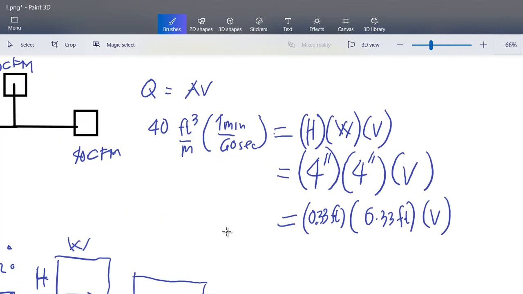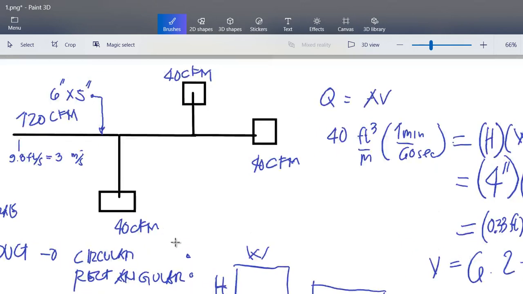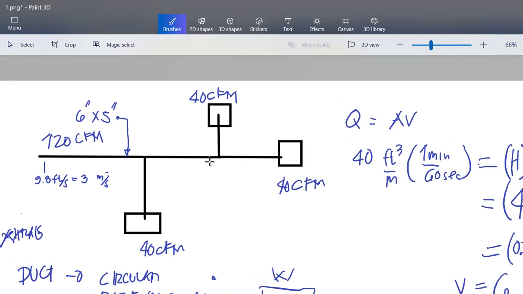So finally we have your velocity, which is equal to 6.2 feet per second. So we have the size of the duct here. So this is 4 inches by 4 inches.